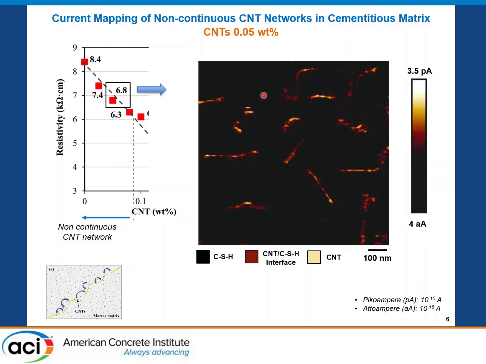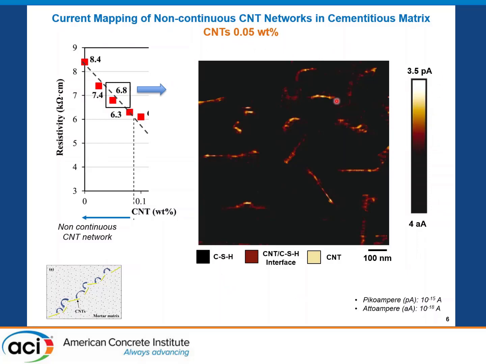In this slide, I will show you the current mapping of cement pastes reinforced with nanotubes at amounts below percolation, at an amount of 0.05% per weight of cement. Here we see the current mapping of our nanocomposite.